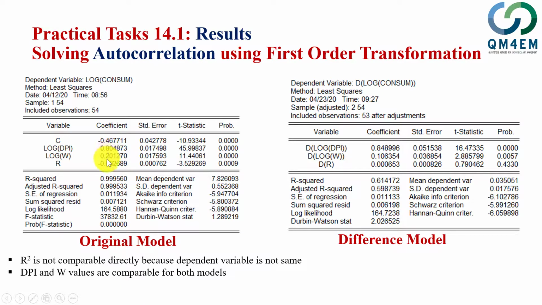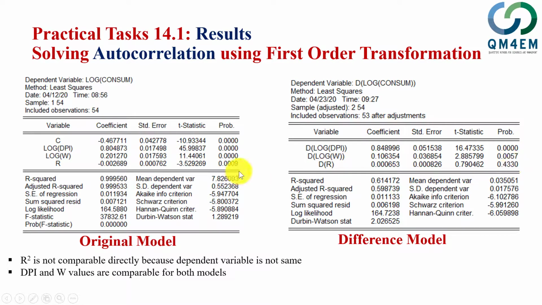It's not a big difference, they are comparable values, but more importantly you should see the coefficients and their statistical significance values, which have changed a lot. You can see here the standard error in the original model is quite low compared to the standard error in the difference model, and accordingly the t statistic value has changed from very highly significant to slightly lower significance.